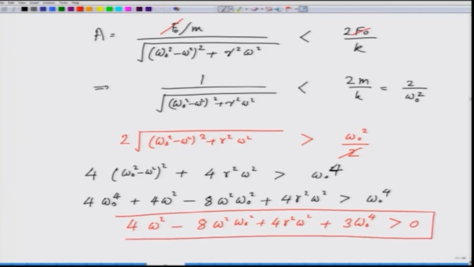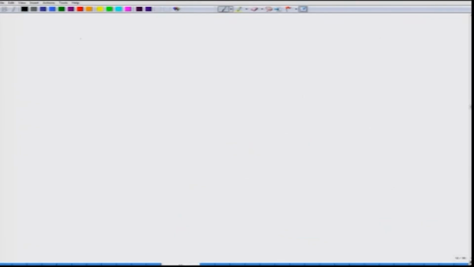This is the equation I got to solve. I am sorry, this is 4 omega raised to 4. So, the equation I have is 4 omega raised to 4 minus, let us take out 4 omega square, I get 2 omega 0 square minus gamma square, plus 3 omega 0 raised to 4 equal to 0.